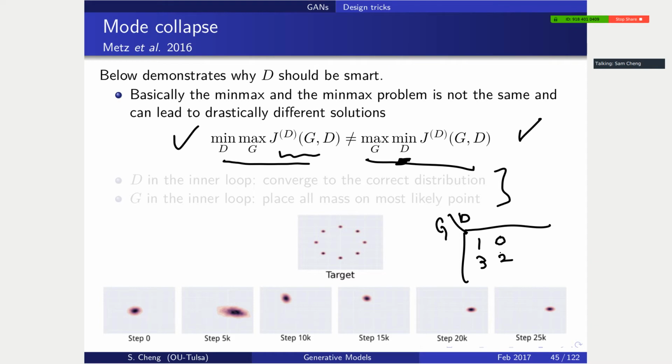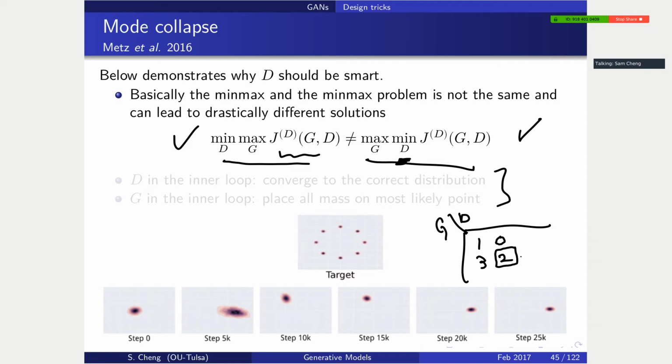If I'm doing the minimization first, I will end up here, right? Minimization and then maximization, so I end up here.